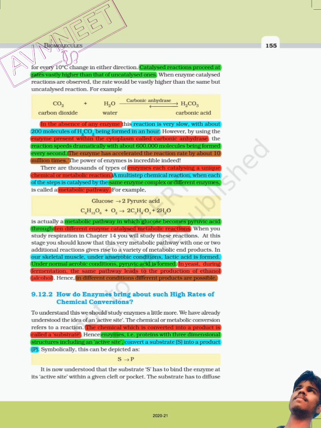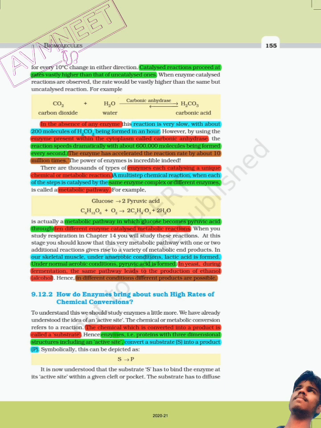9.12.2 How do enzymes bring about such high rates of chemical conversions? To understand this, we should study enzymes a little more. We have already understood the idea of an active site. The chemical or metabolic conversion refers to a reaction.